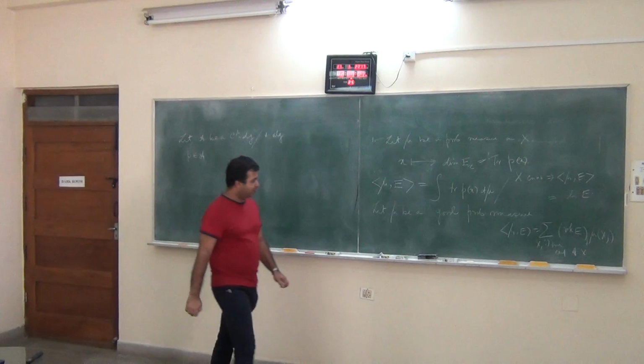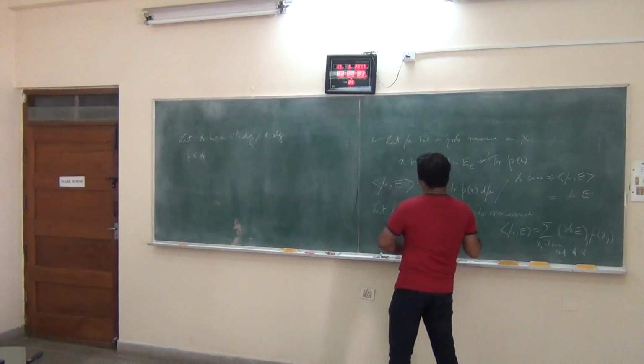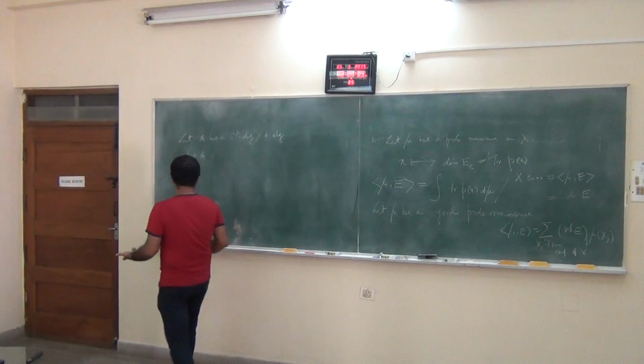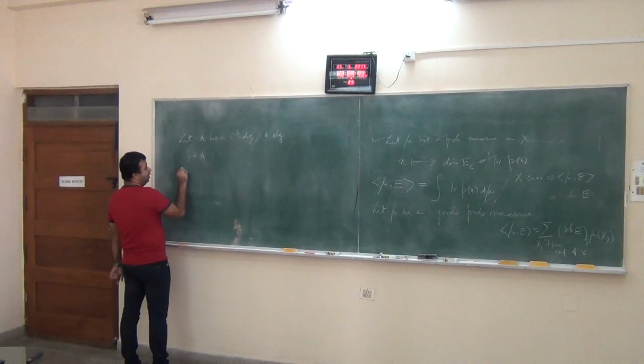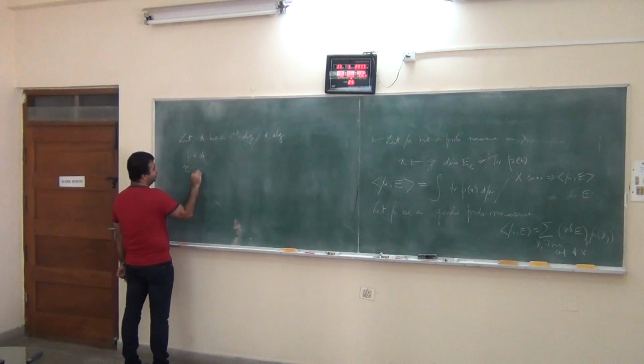Now let us come to this good probability measure business. So we know what is a probability measure in this framework. So I have a state tau.